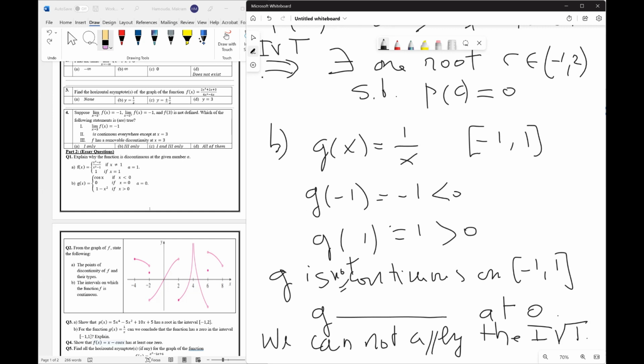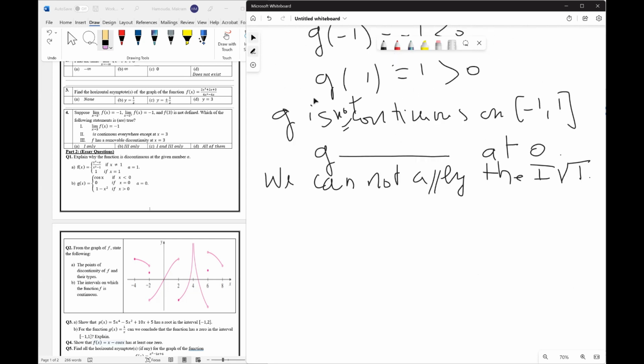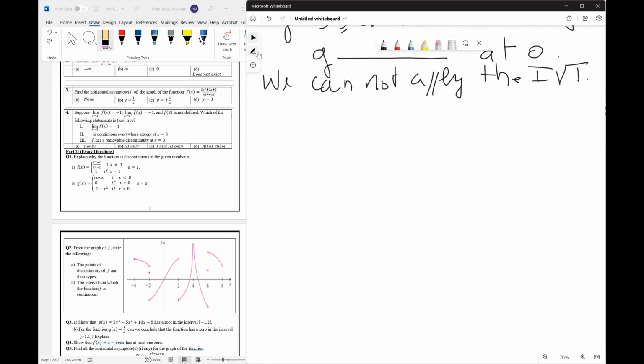Okay, let's move to question number 4. So again, here it's an application of IVT, but you see here that for question 4, the interval is not given. So it's our duty to find the good interval here.